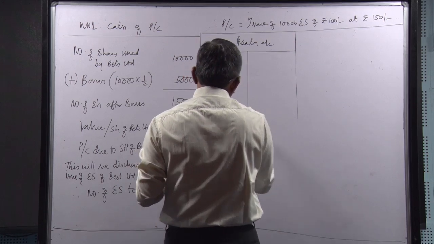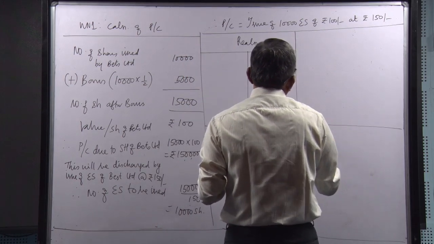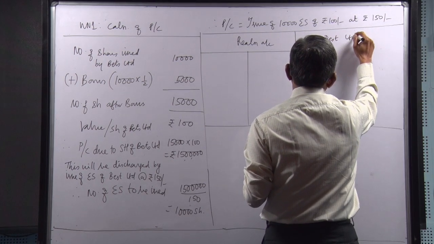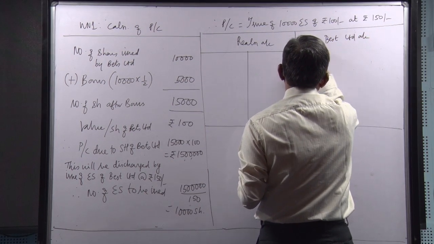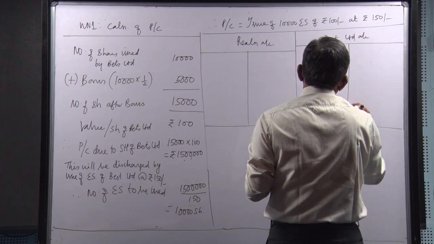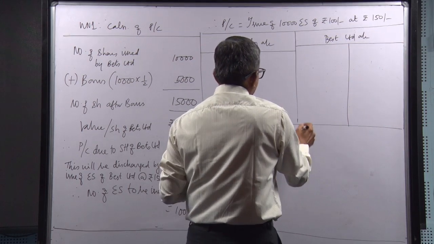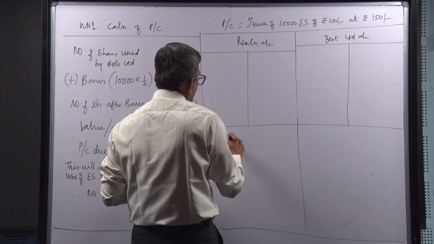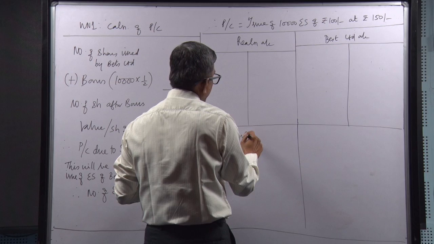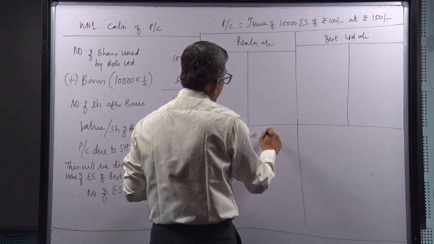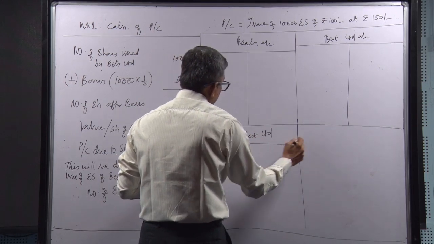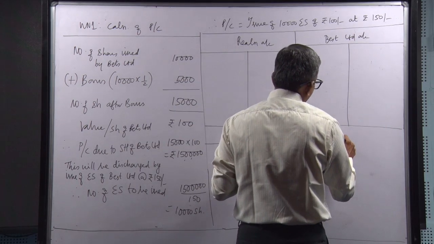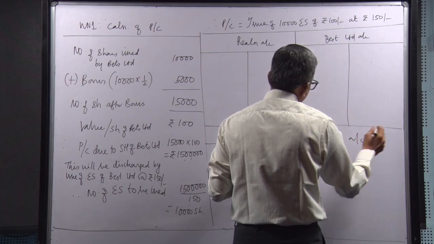Open realization account, then purchasing company account, Best Limited account, then how they give the consideration in the form of equity shares in Best Limited, then you have to show how the settlement is done to the equity shareholders.